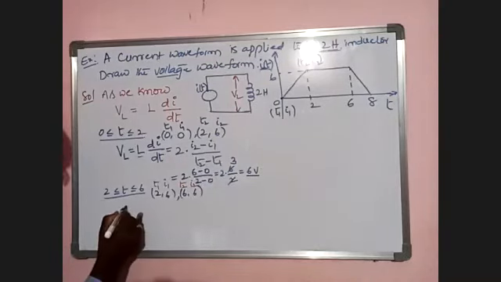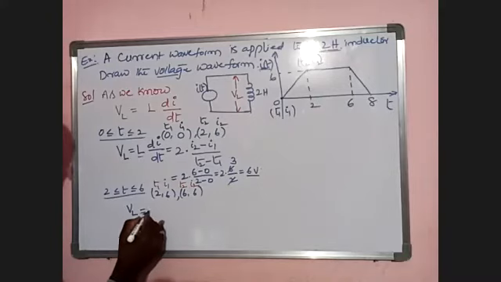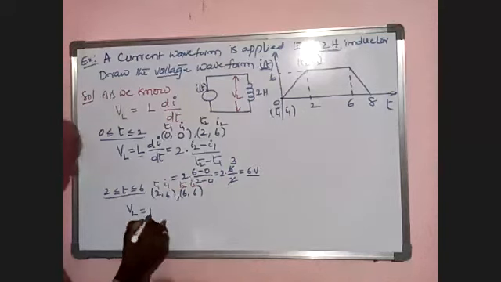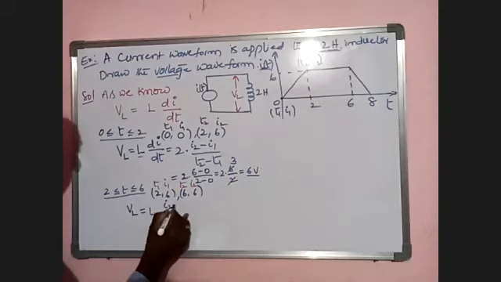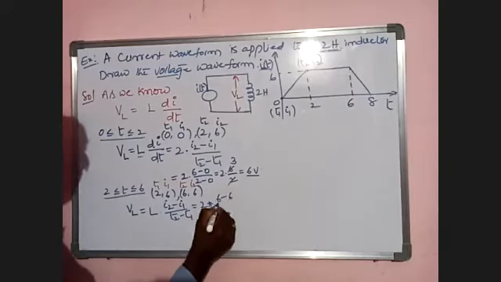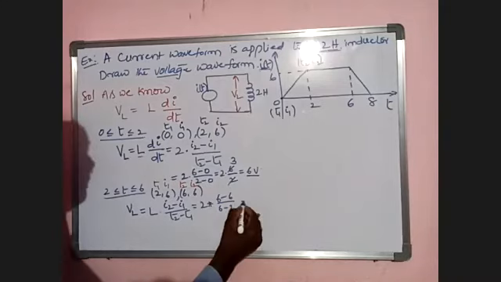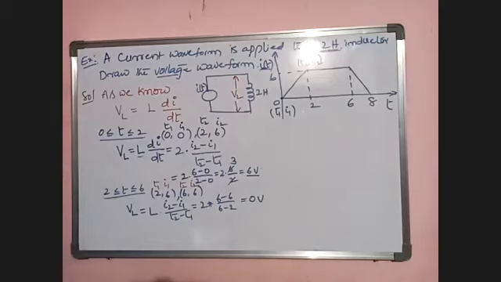Then VL is equal to L into I2 minus I1 by T2 minus T1. So 2 into 6 minus 6 by 6 minus 2. You will get 0 volts.